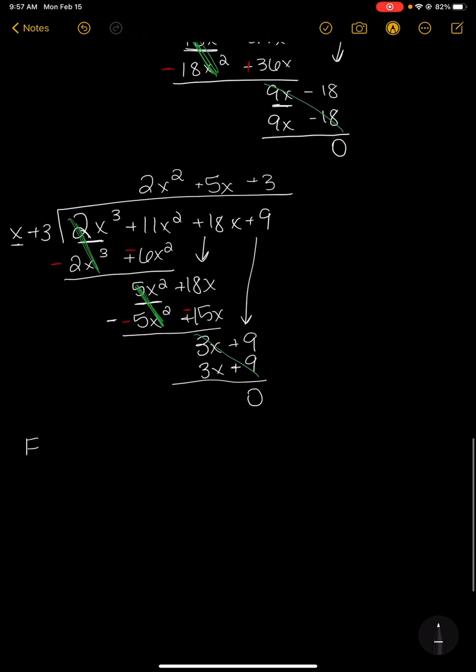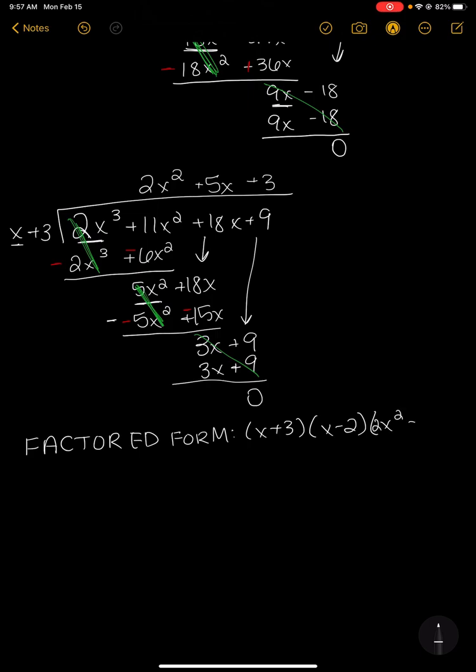So if we were to write this function in factored form, we have x plus 3, we've proven that, x minus 2, we've proven that, and 2x squared plus 5x plus 3.